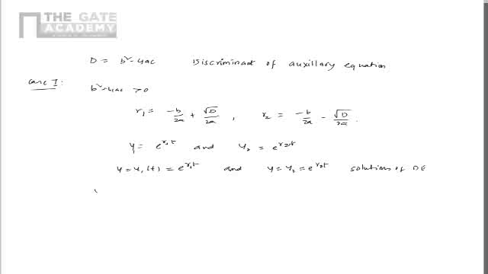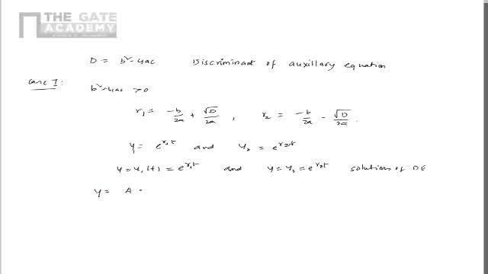Now we use the two important facts which I described before for linear differential equations. The first fact was, if I know two solutions, then any linear combination of the solutions will also be a solution.